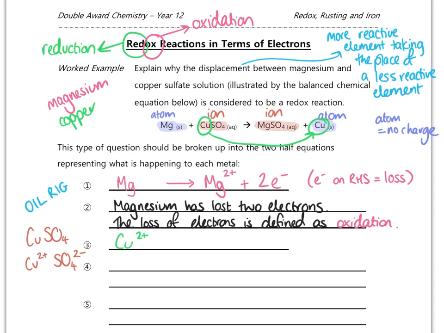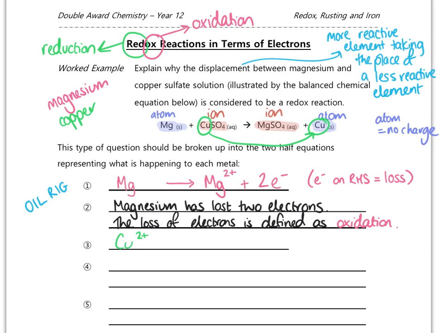Or you can think of it as reverse swap and drop. Sulfate would have had a valency of 2 from its 2- charge. And so therefore, in order for that to cancel out, copper must also have had a valency of 2. Which means that the copper ion has a charge of 2+. So a couple of ways that you can work out the charge on the copper ion.